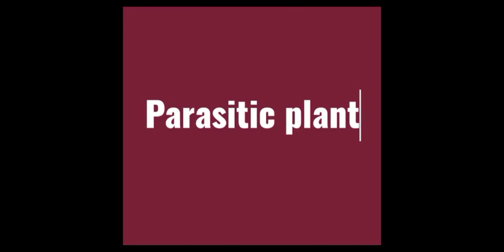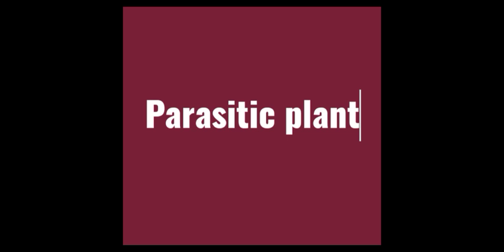The next point, as I already discussed with you about parasitic plants: plants that obtain nutrition by growing on other plants are called parasitic plants. As you can see in the picture, it's an example of a parasitic plant that obtains nutrition by growing on another plant. It's a dodder plant, a kind of parasitic plant.